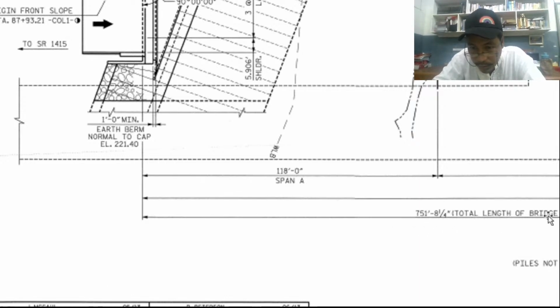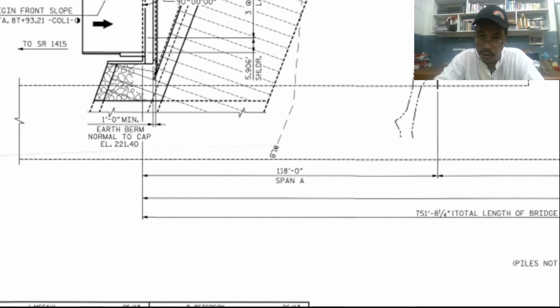Total length of bridge, 751 feet. Imagine the total length of the bridge, 751. So that means 751 in meters, that is 229 meters.